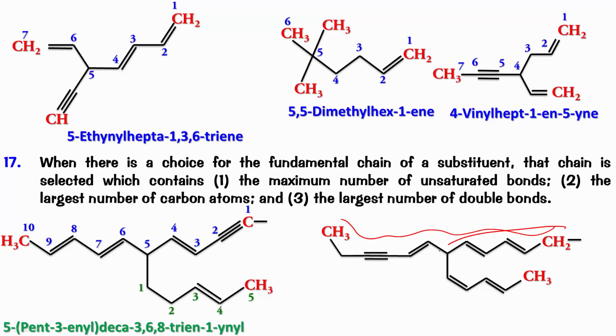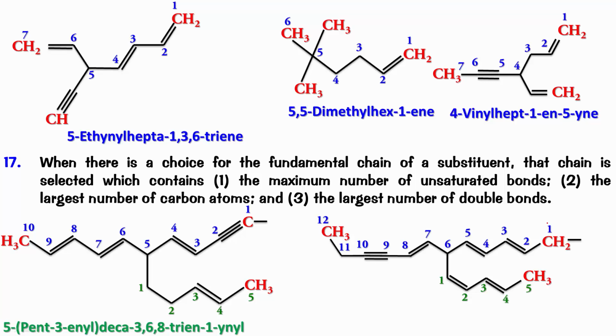You go this way, the number of double plus triple is still 4. So look for the maximum number of carbon atoms, which I think should be in this one. And the numbering obviously has to be done from the right side because that is automatically 1. So numbering is not an issue. 1, 2, 3, 4, 5, 6, 7, 8, 9, 10, 11, 12. And this is the branch of the branch.